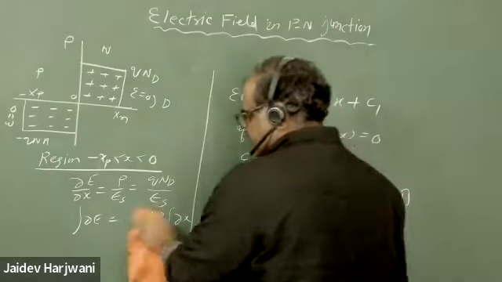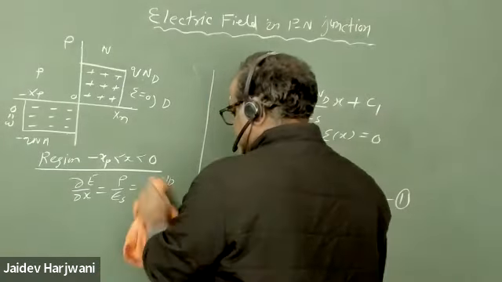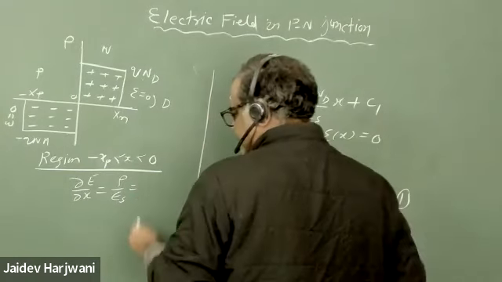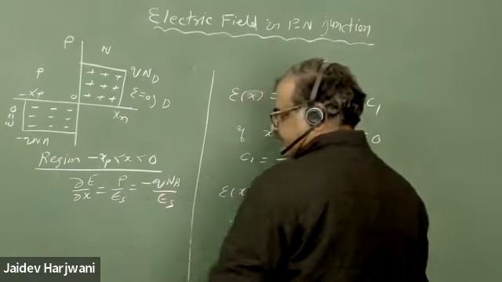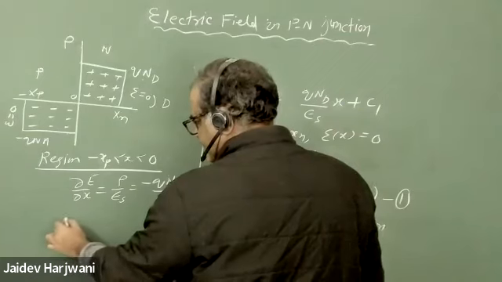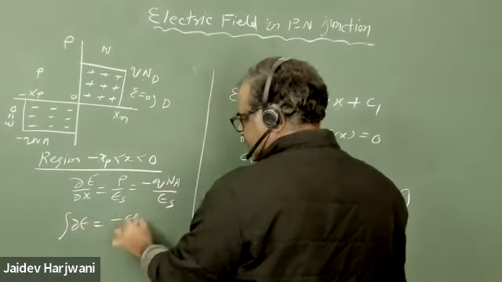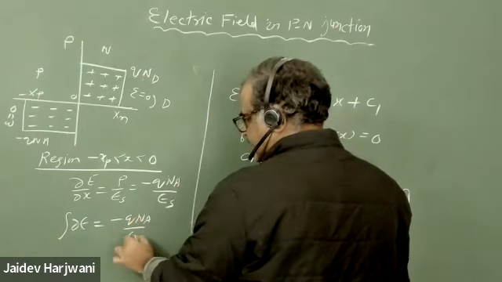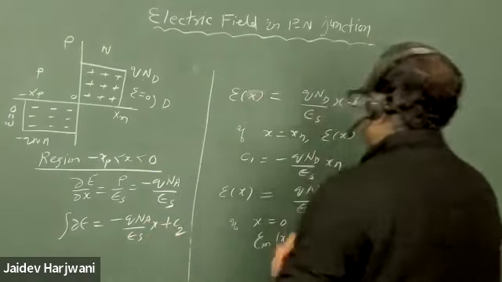Here the charge density is negative, so the charge density is minus qN_A upon epsilon_s. If I integrate this, I get E equals minus qN_A upon epsilon_s times x, plus a constant C2.